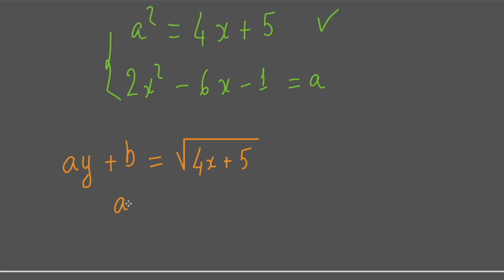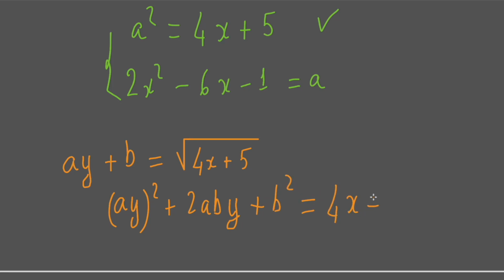We have a y squared plus 2aby plus b squared equal to 4x plus 5.